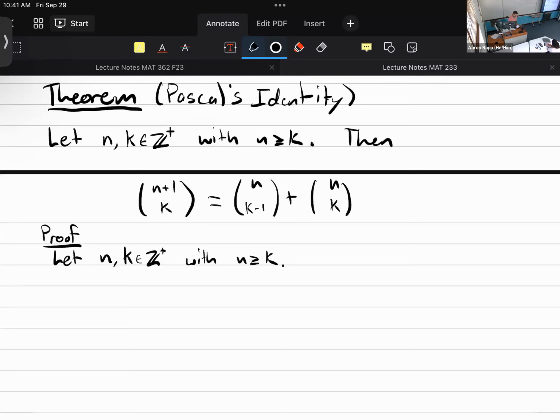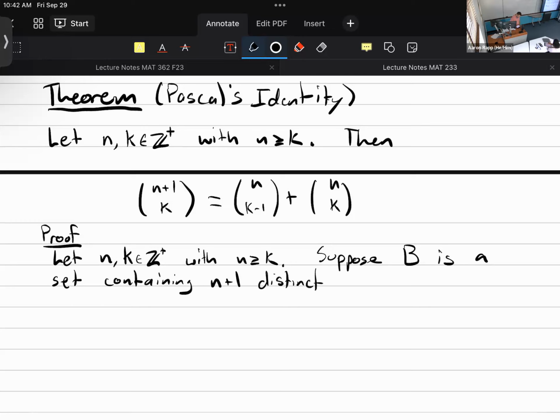And what we're going to do, I'm going to say, suppose that capital B is a set containing n plus 1 objects. Or said differently, the cardinality of the set B is n plus 1.